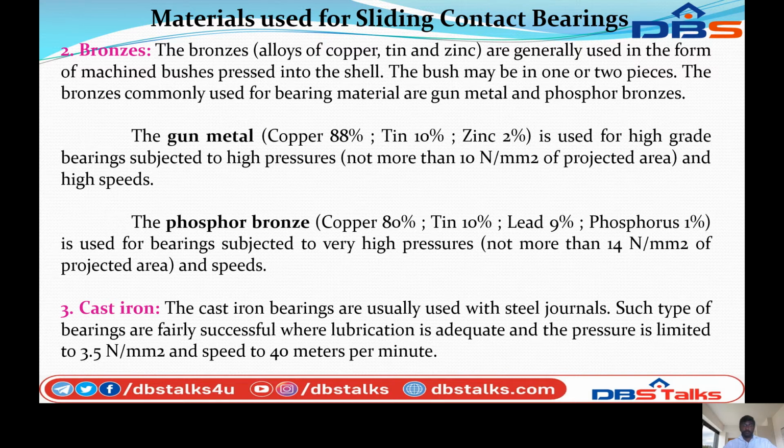Next, another composition is the phosphor bronze. The composition of the phosphor bronze is copper 80%, tin 10%, lead 9%, and phosphorus 1%. It is used for bearings subjected to very high pressure and speed.